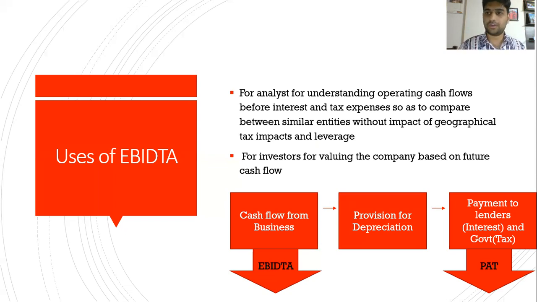After reducing provision for depreciation, the balance available is what you call available for servicing debt, as well as for servicing the equity providers and for paying the taxation amount. So after reducing interest and taxation, what we get is PAT. So this is the flow of income.